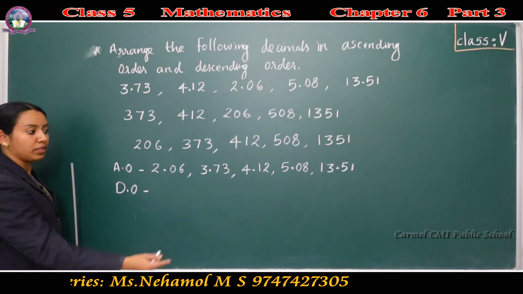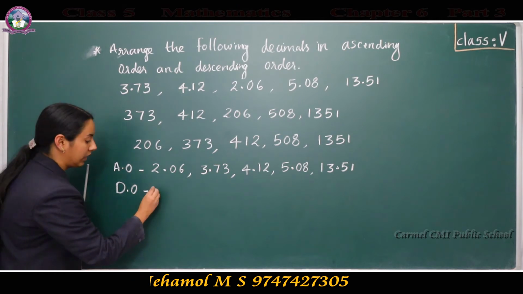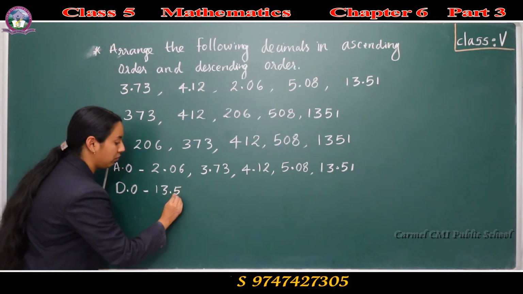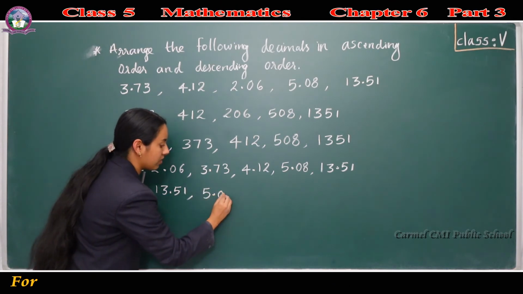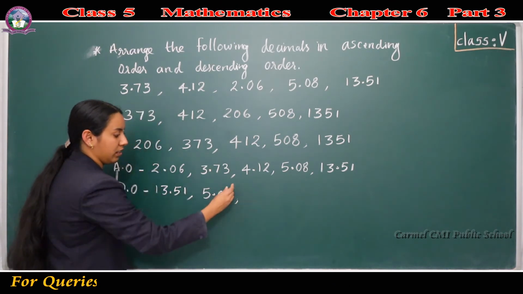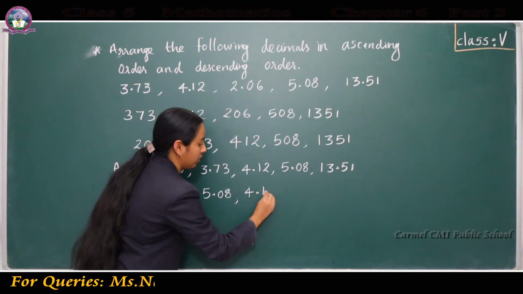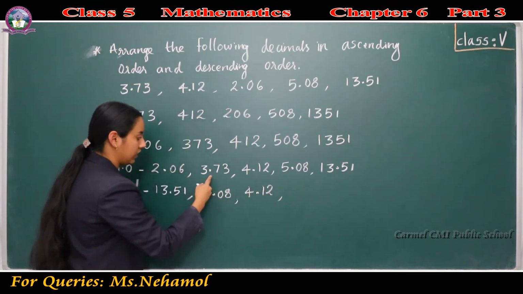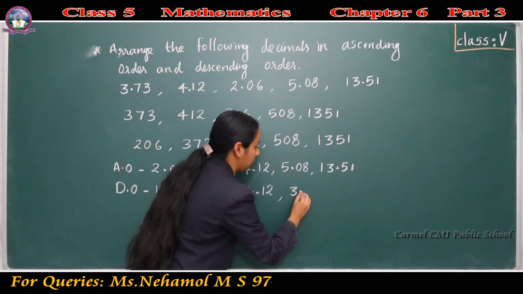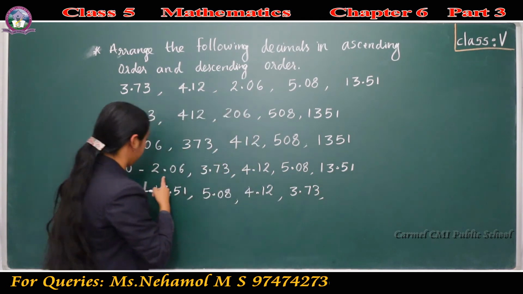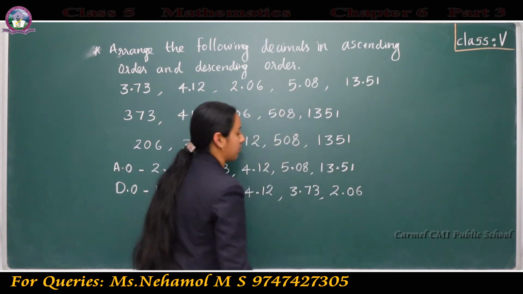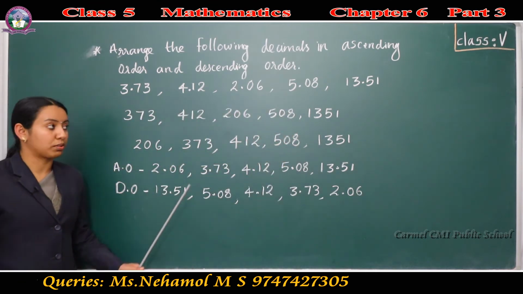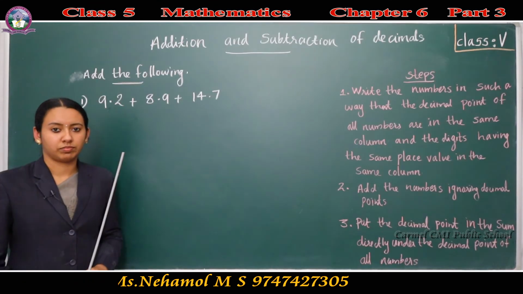Descending order, big to small. 13.51, then 5.08, then 4.12, then 3.73, and at last 2.06. This is the descending order of decimals.